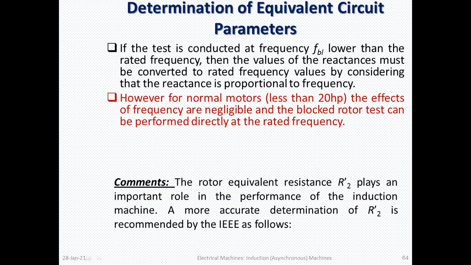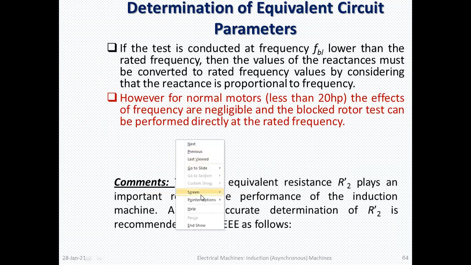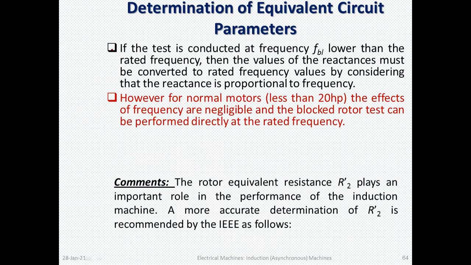Determination of equivalent circuit. Some of the observations we can see from this: the main point is given here. If the test is conducted at frequency f_BL, blocked rotor, lower than the rated frequency, then the value of reactance must be converted.